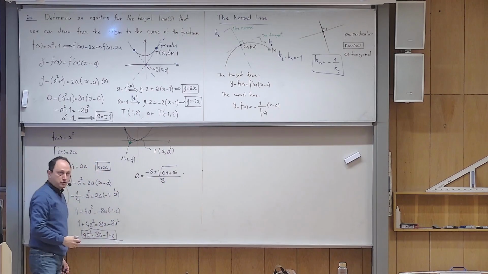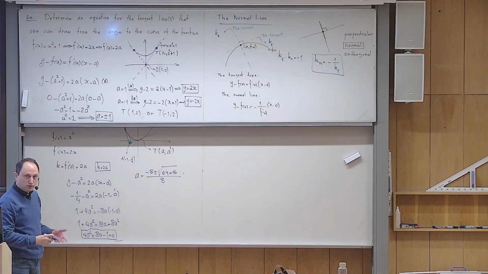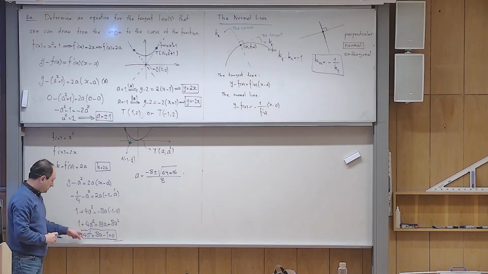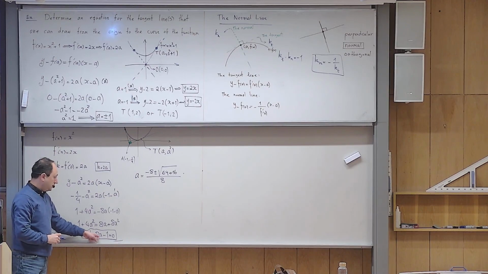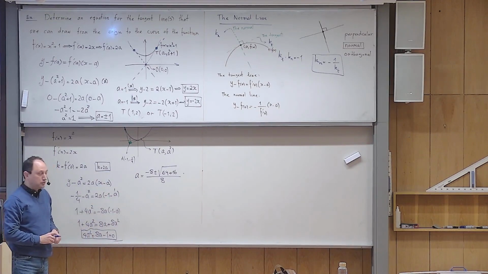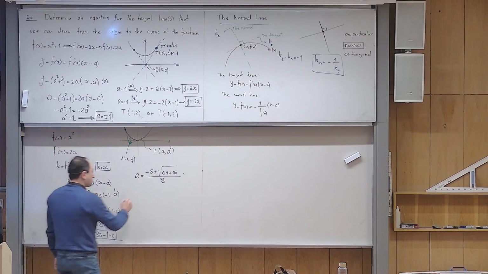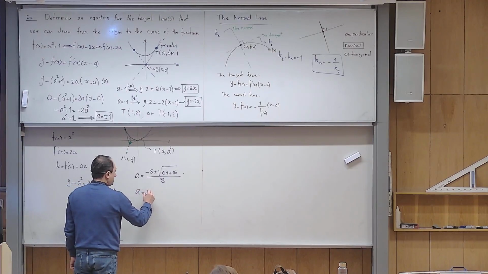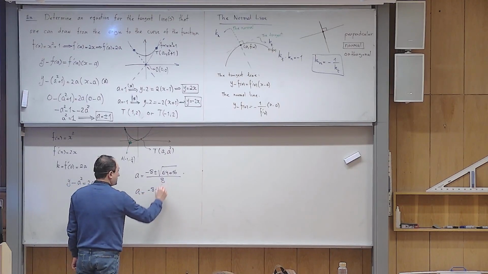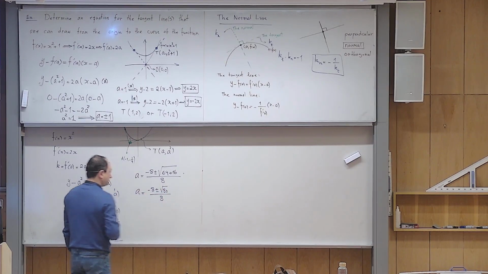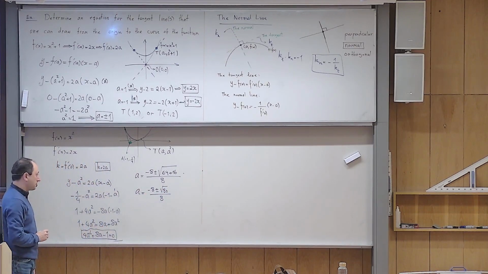Yes? I'm just solving this quadratic equation using the ABC formula. This plays the role of the number A, this plays the role of the number B, and this is C. So I put them in the formula, I got these answers. So A is equal to what? Minus 8 plus or minus the square root of 80 divided by 8.